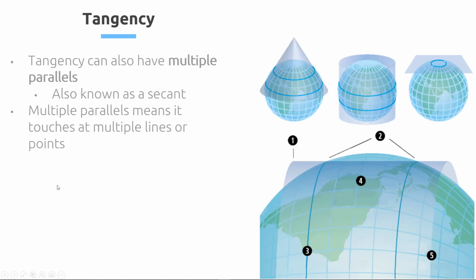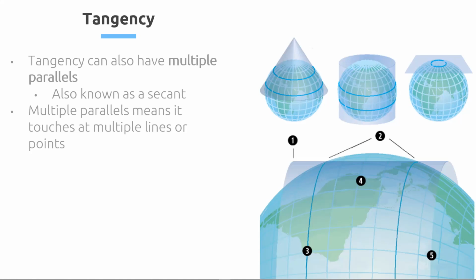If you look at these projections right here, for example, they have two tangents. They have one tangent here and one tangent here on this conic projection, or on this cylindrical projection, there's a tangent just above the equator and a tangent just below the equator. So the area in between those two lines is totally undistorted.